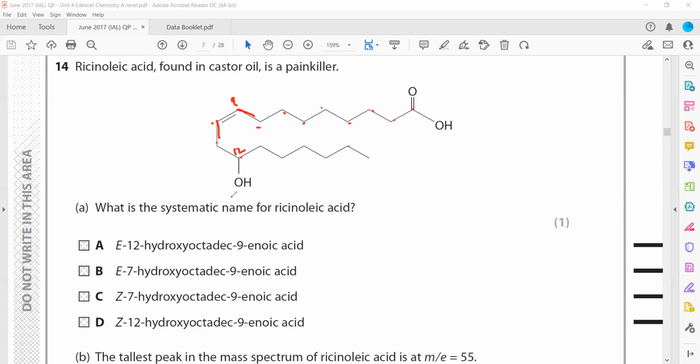First thing, it is Z, so it cannot be A or B because the heavy groups are on the same side. So Z, and at the 12th position we have a hydroxy, and at the ninth position we have a double bond, that's why 9-enoic acid. So D is the right answer.